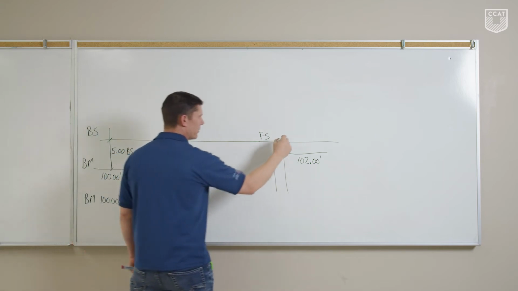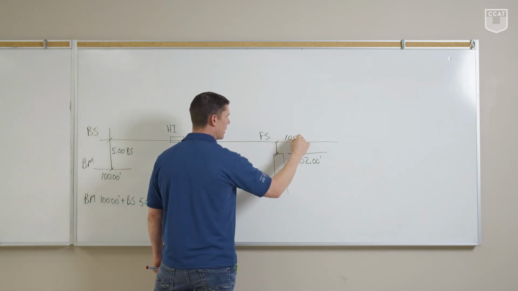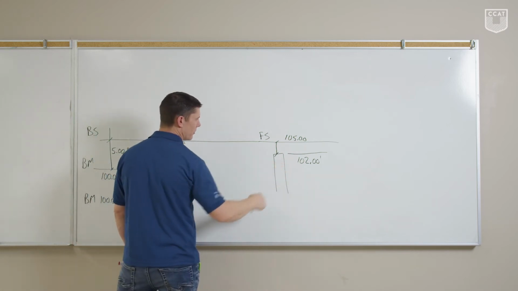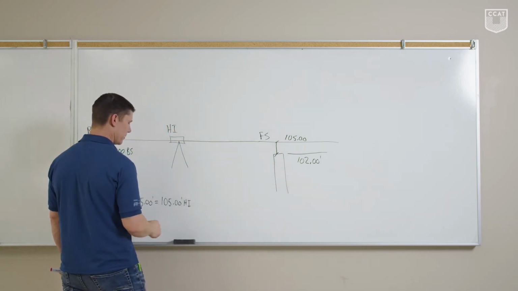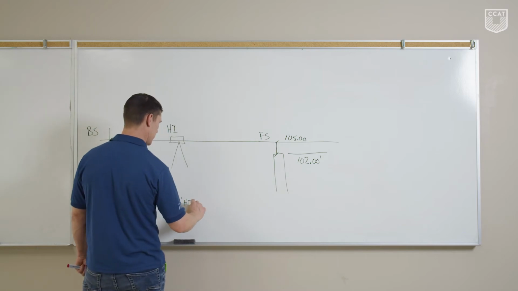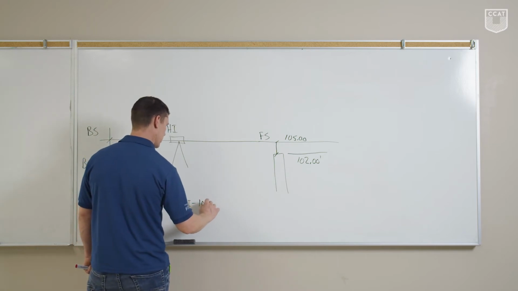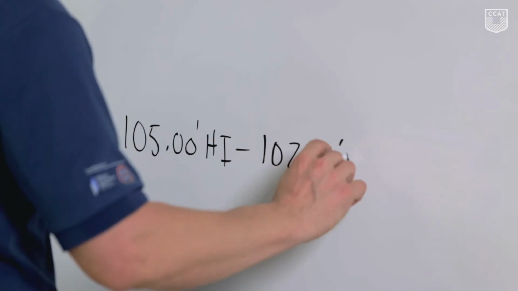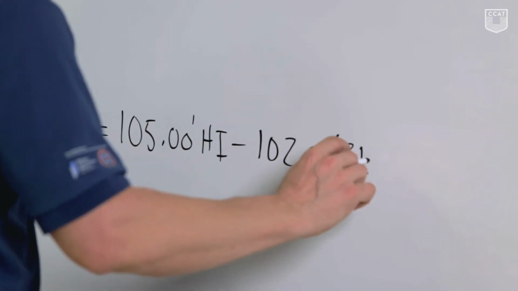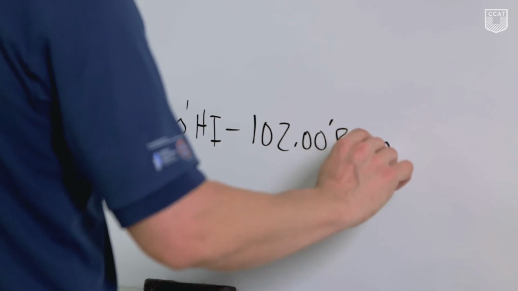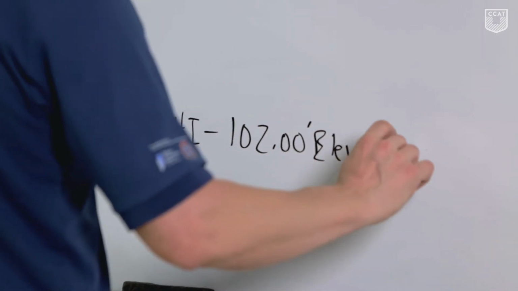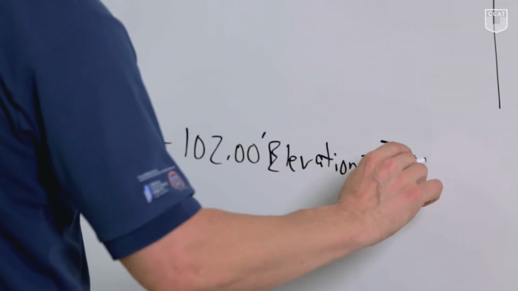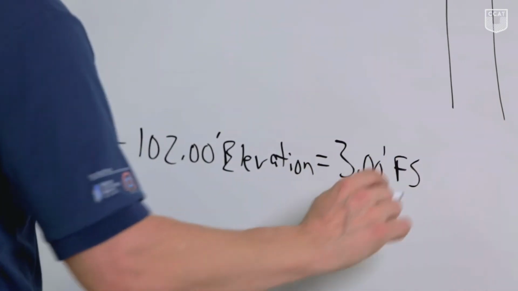So if we have 105 foot height of instrument, we're going to subtract our 102 foot elevation of the foundation wall. 105 foot minus 102 foot would be 3 foot, which is our foresight.